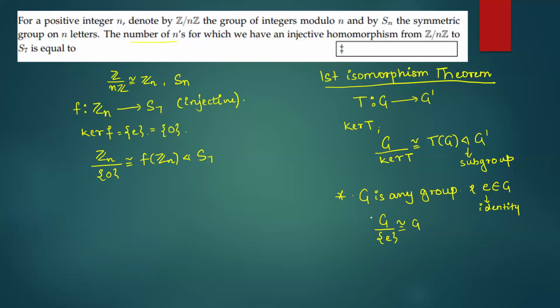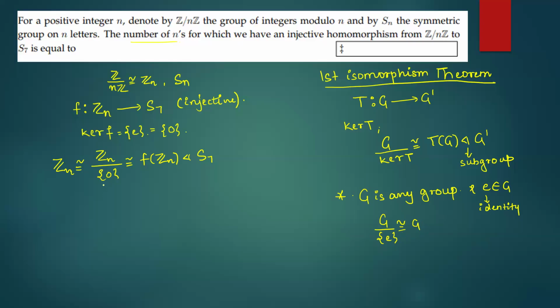So G modulo identity is always isomorphic to G. So Zn modulo the identity is always isomorphic to Zn.